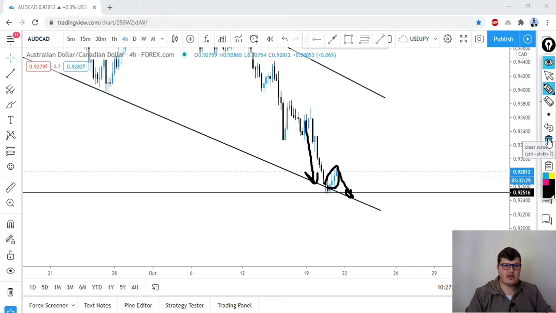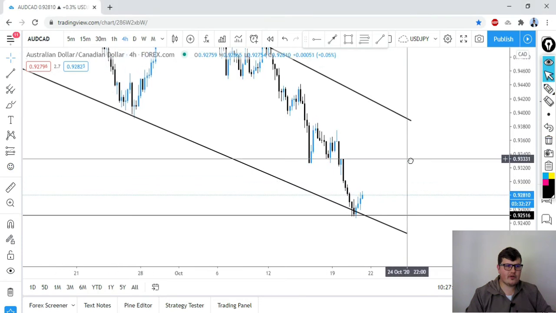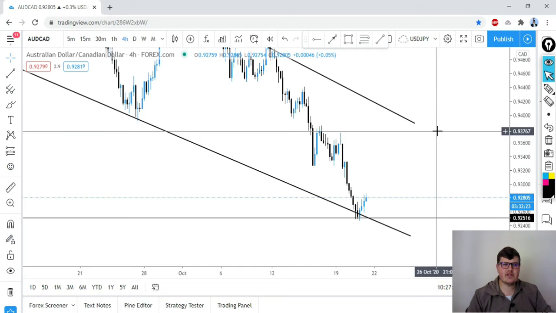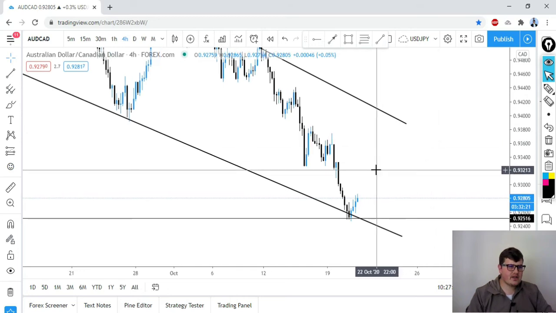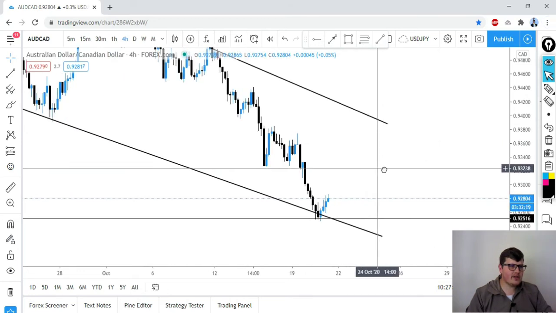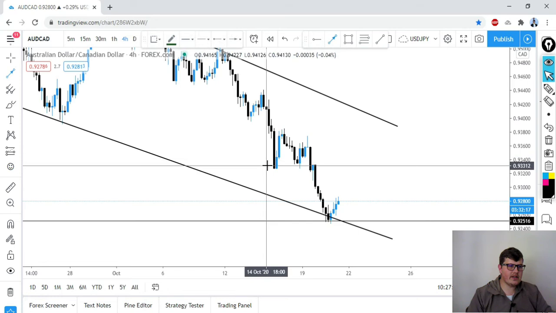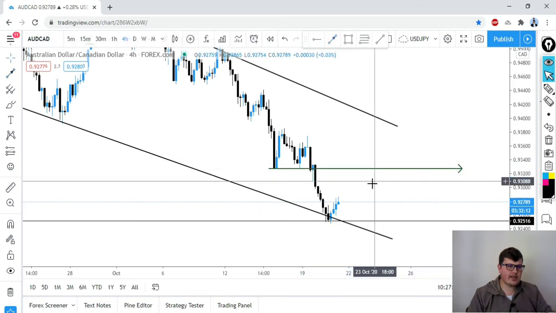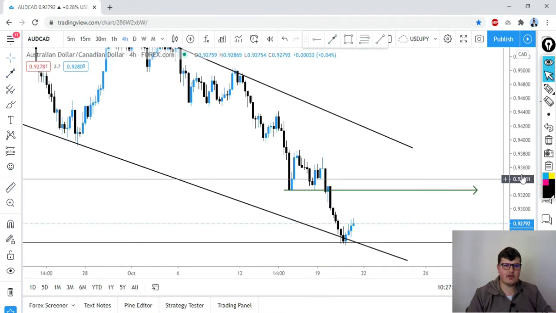So what we need to wait for now is a break of the next resistance or support area. According to me, this over here is the next resistance slash support area that we need to keep an eye on.